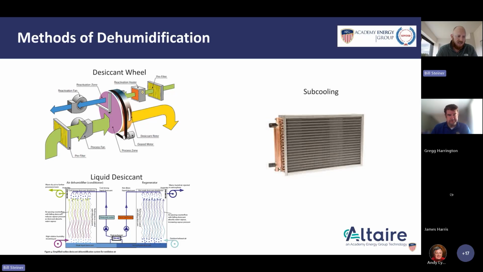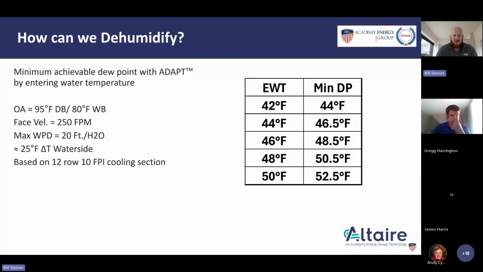When we talk about using desiccant, we talk about regeneration cycles, reheat for reactivating the media, or if we're talking about liquid desiccant, we've got all sorts of pumps and regeneration and things that go into that. So complex versus simple.